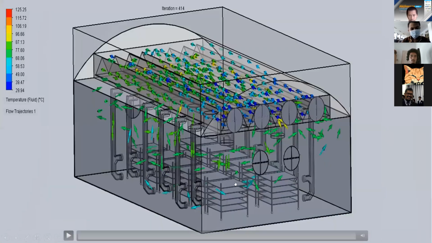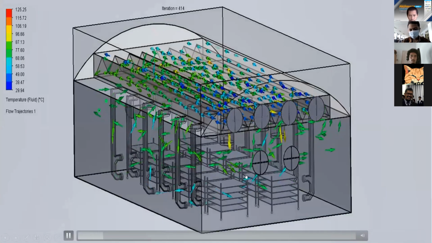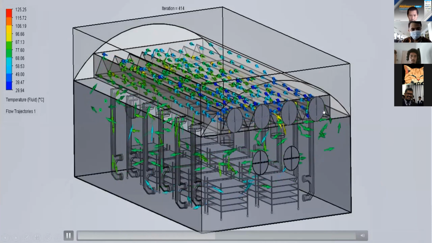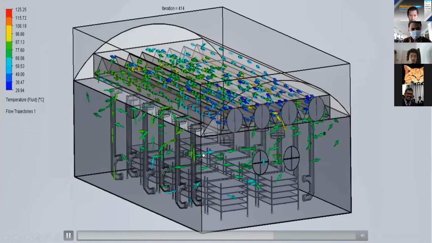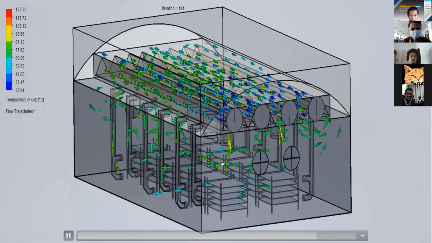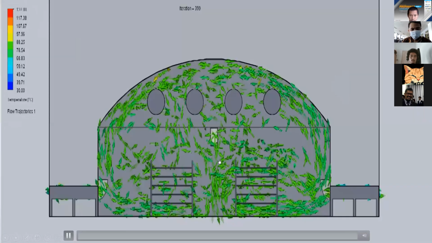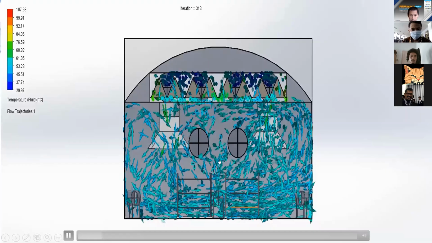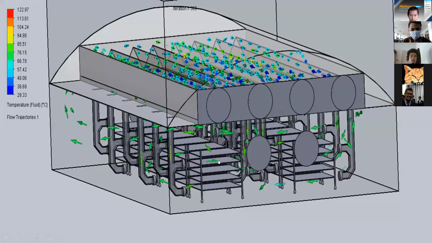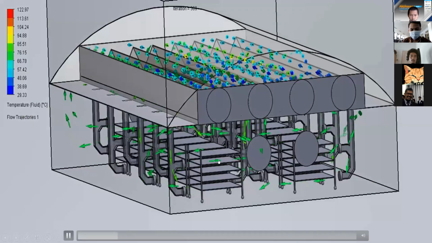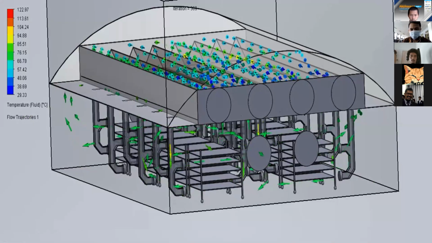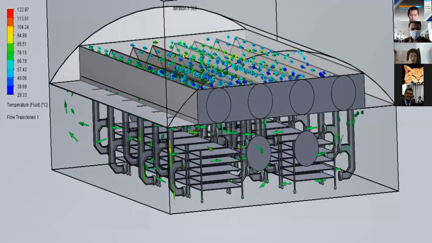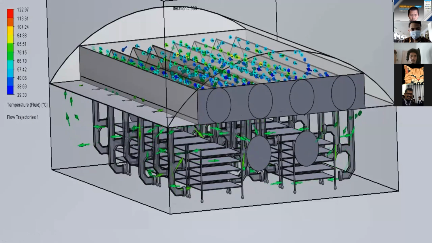So this is another type of dryer. I just want to give an exposure. We can do a lot of dryers, and we can see the temperature distribution is not as good as what we have in the previous model compared to this model. And from here we need to understand that artificial intelligence also plays a vital role in determining or understanding the flow of temperature or the flow of the hot air.